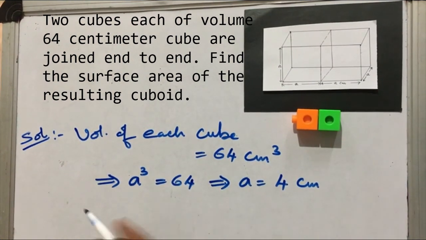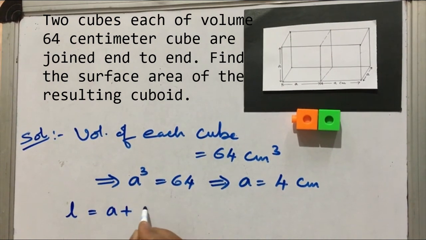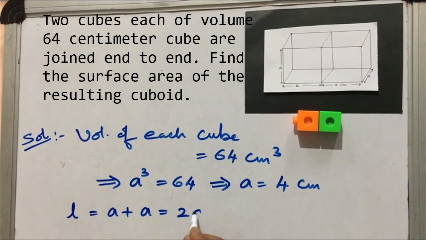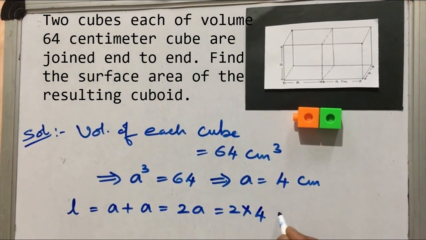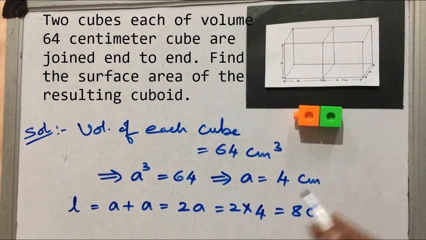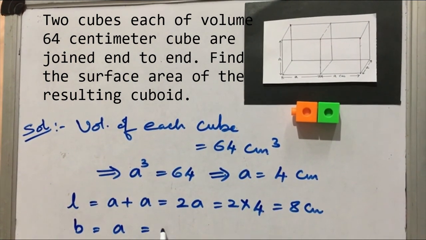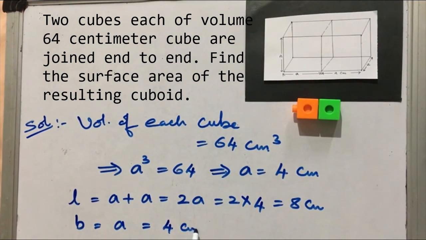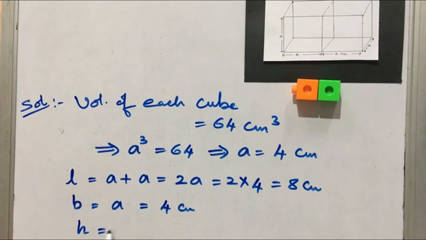So the length of the cuboid is a plus a, 2a. That is 2 times 4, equal to 8 centimeters, and the breadth remains the same. So breadth is a only, there is no change in it, 4 centimeters, and the height remains the same thing.